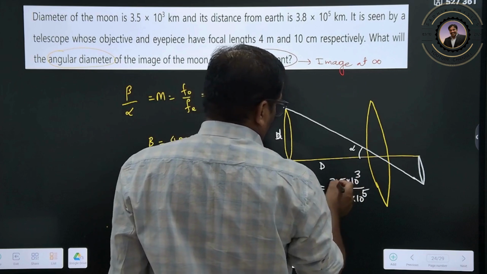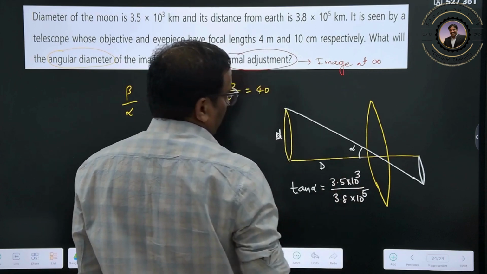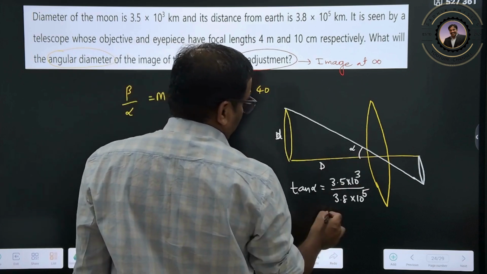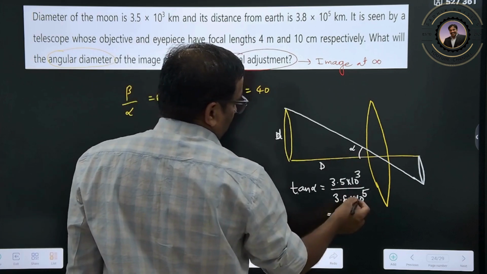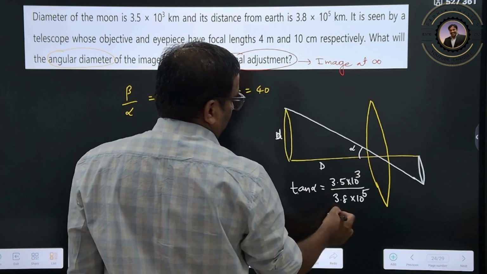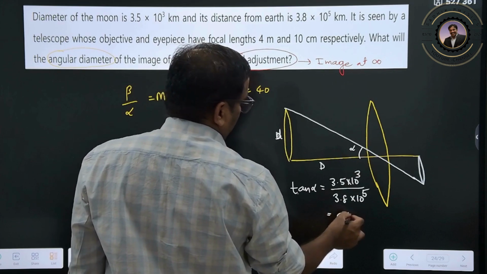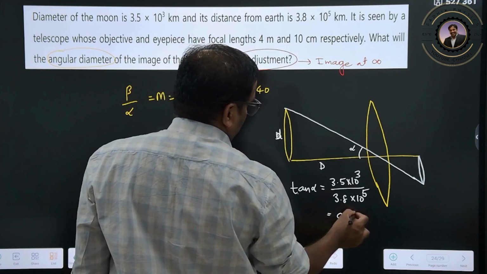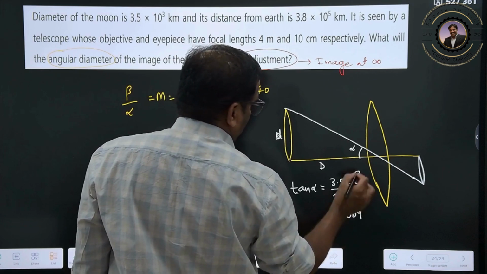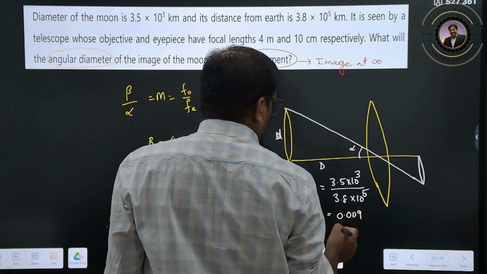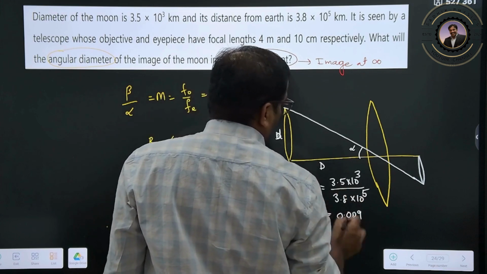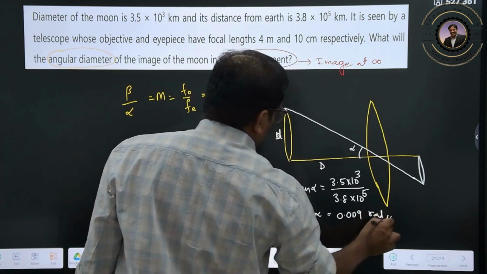So 3.5 by 3.8 is nearly 0.9, and 10 to the power of minus 2, so 0.009. This is small, so the alpha value is this many radians.